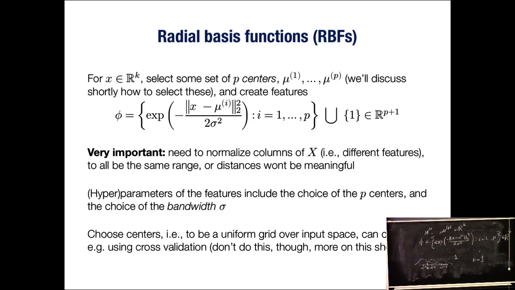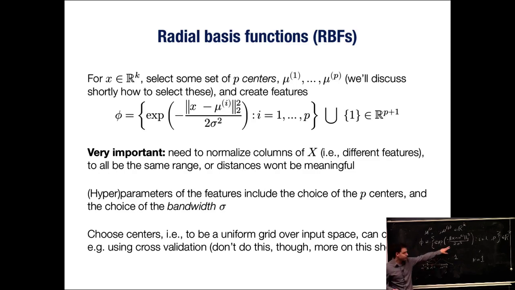I'm not quite sure. I think what you're describing is correct, but I see it as simpler than that. This is a function that takes as input x, and outputs a real number. The features are just all of those real numbers, evaluated once for each value of the centers. Now I have not said how to pick the centers yet, or how you pick the sigma parameter, which is called the bandwidth parameter.